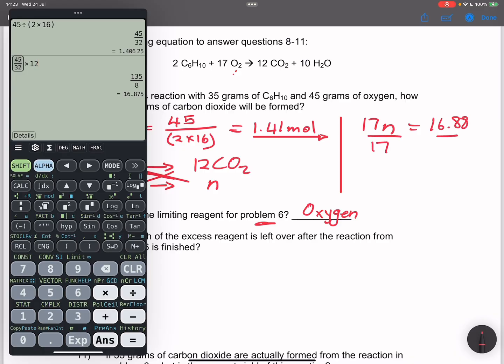We found the number of moles of carbon dioxide that would be produced in this case is 0.99, or we can just round that off to 1 mole. So that's what we obtain.